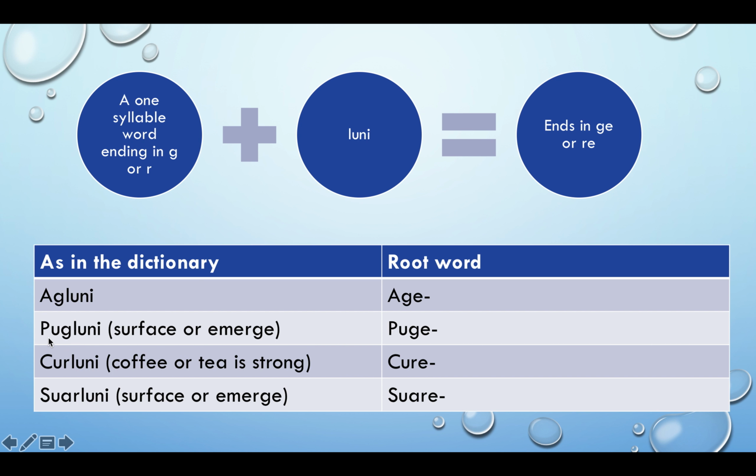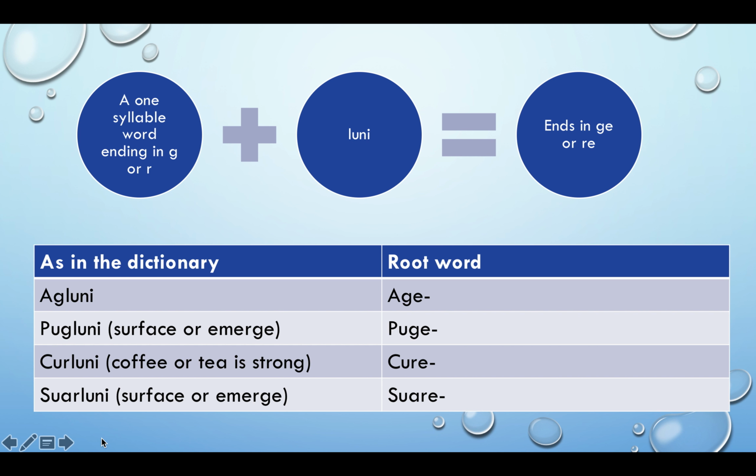These are one-syllable words plus luni. Puchluni, to surface or emerge, would be puche. The root word ends in GE. Juchluni, coffee or tea is strong, and that root word is juche.